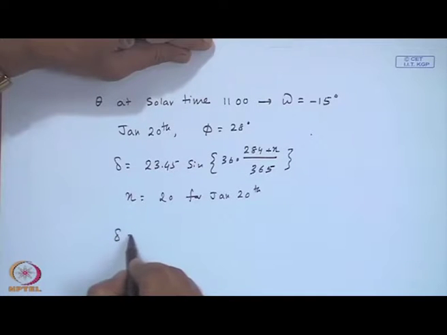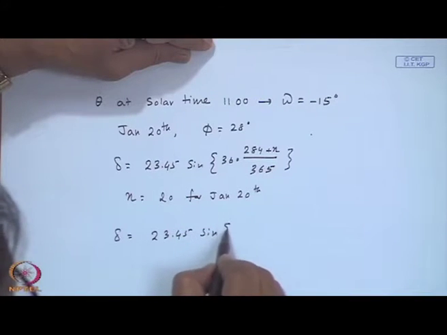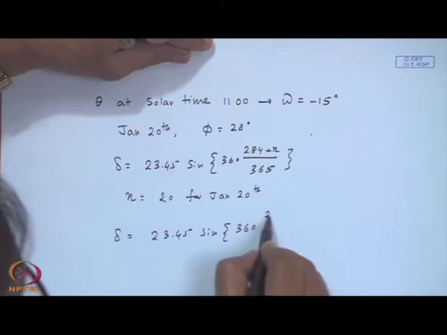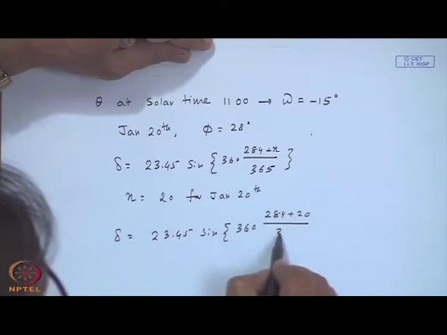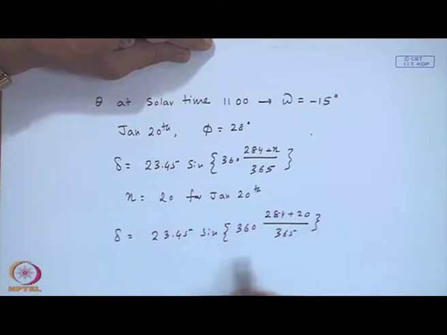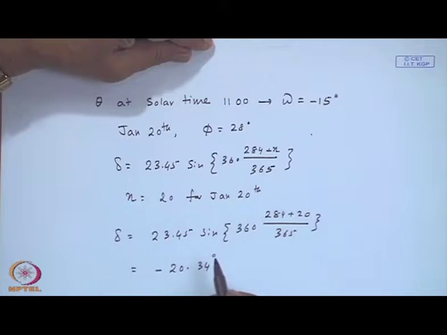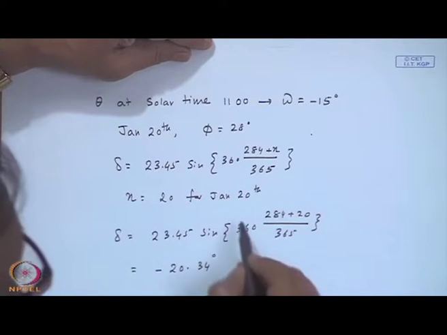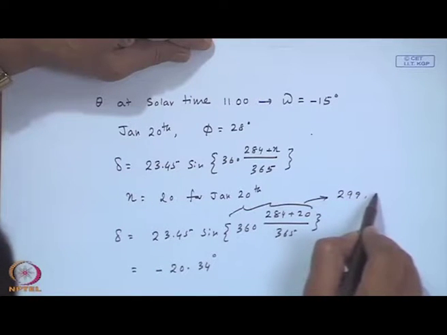So, delta will be 23.45 sine of 360 times (284 plus 20) upon 365. This is equal to minus 20.34 degrees, right. If you calculate the sine of this number, it will be 299.83.